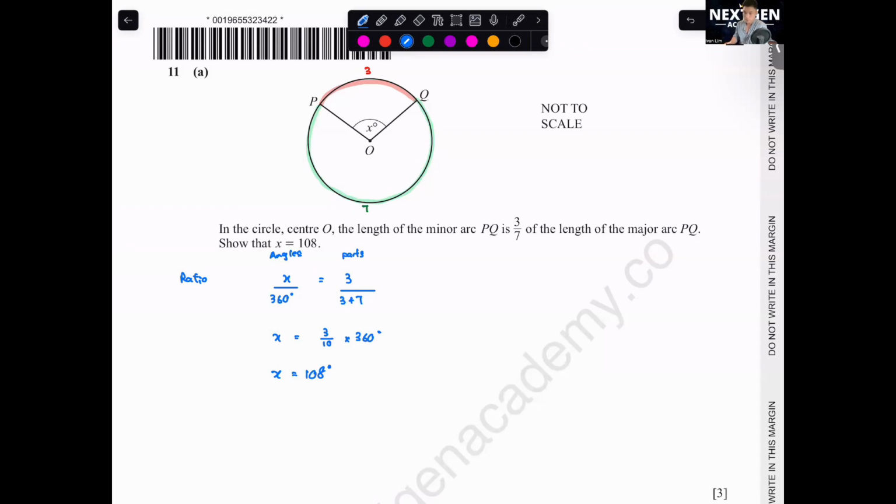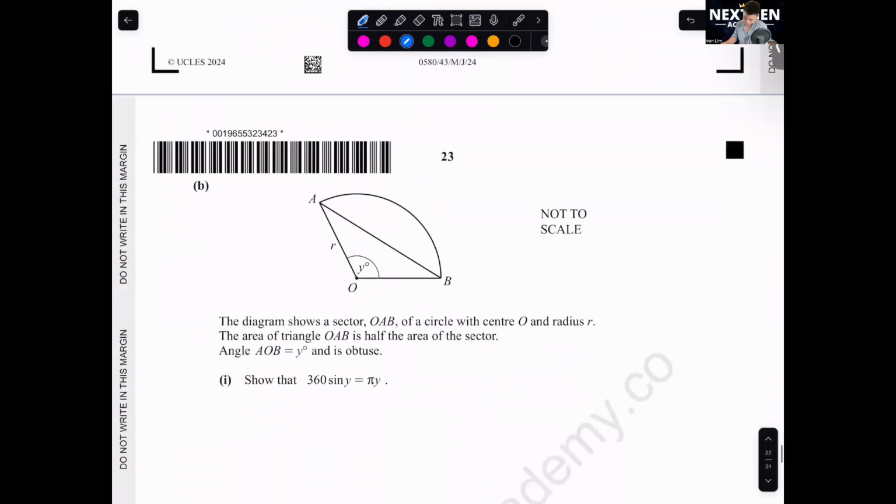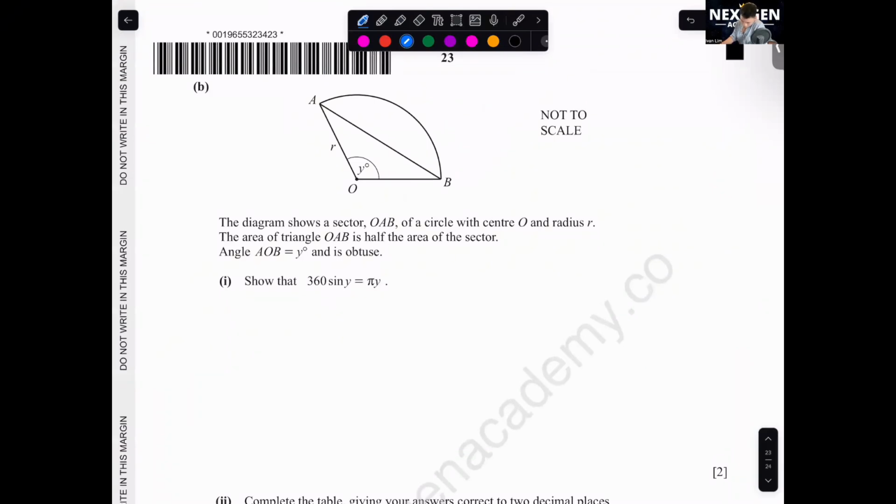Okay, question B. They give here: the area of triangle OAB is half the area of the sector AOB. Angle AOB is y and is obtuse. Show that 360 sine y equals pi y. Let's construct an equation with what they give us. They say it's half of it, right?